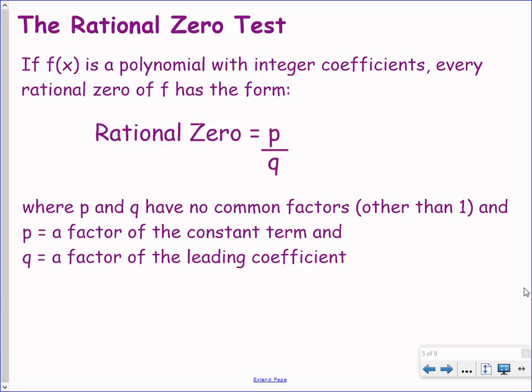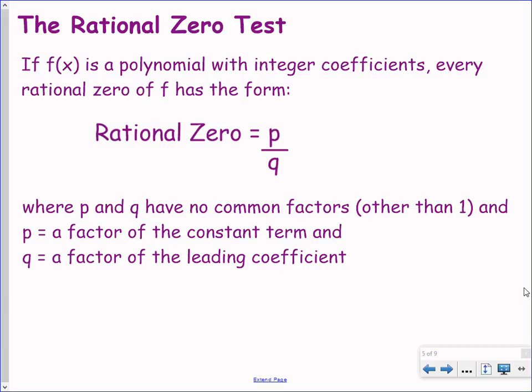So remember, the degree is the highest exponent in your polynomial. The leading coefficient is the number that's multiplied in front of the term with the highest exponent. Does this sound familiar? Factors of your constant over factors of your leading coefficient? P over Q? It should be.